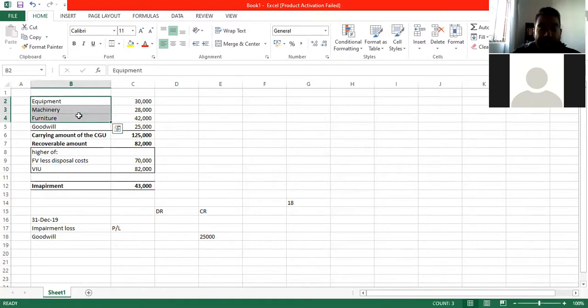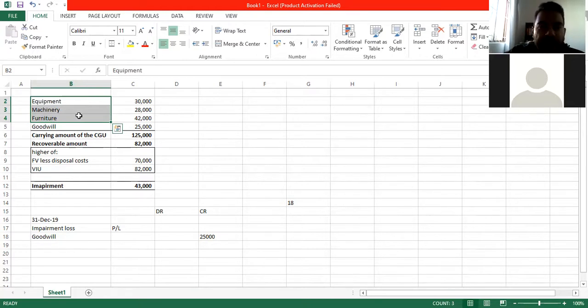So remember, whenever there's an impairment and the CGU has goodwill, you first write off the impairment against goodwill as far as possible. If goodwill is 25,000 and, let's say, the impairment was 20,000, then the full 20 goes against goodwill.